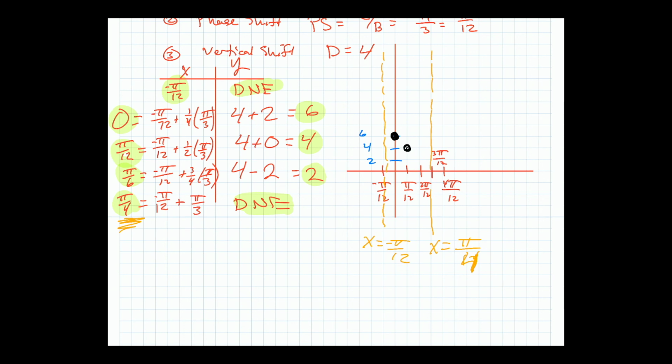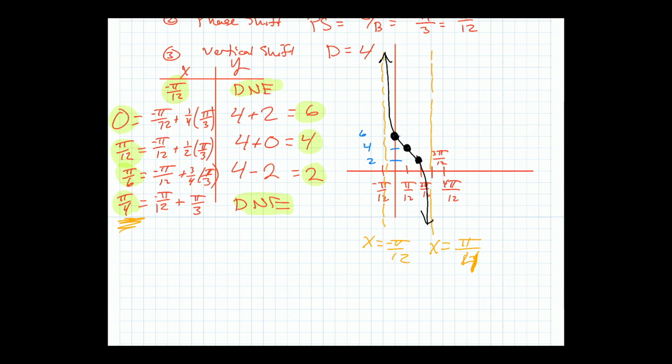That's right here. And then we got pi over 6, which is 2 pi over 12, 2, which is right there. And then so connect the dots. Oops, it's kind of a little bit ugly there. Like that. And that's what we would have for that.